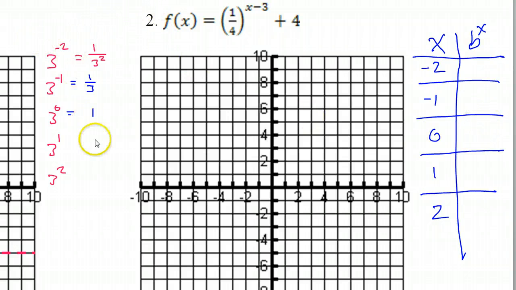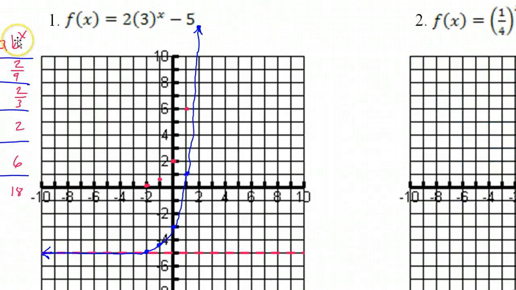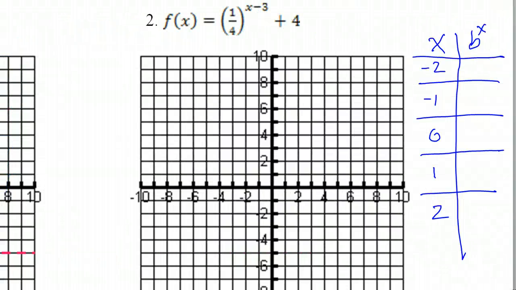Now let me delete some of this stuff. When we say b to the x power here, the parent function, we're talking about this part. So we're talking about 1/4 to the x power. We're not doing the -3 or the +4 yet. That'll be our shifting that will come later.